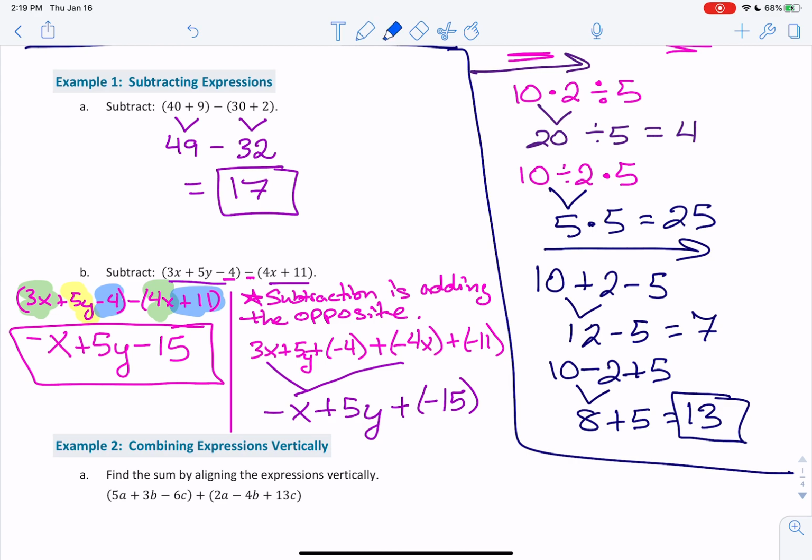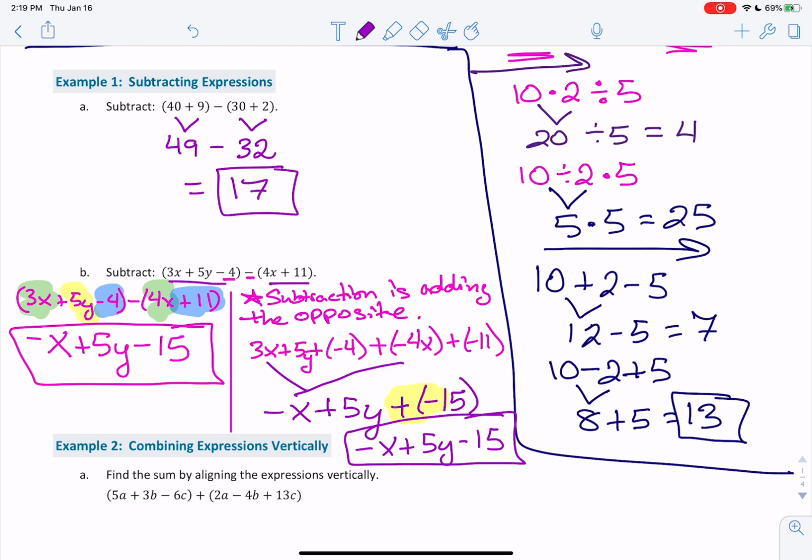And then remember, anytime you have this situation, we're adding the opposite. That means we just subtract, right? Because subtraction is adding the opposite. So we can rewrite this as negative x plus 5y minus 15. And that is our answer.